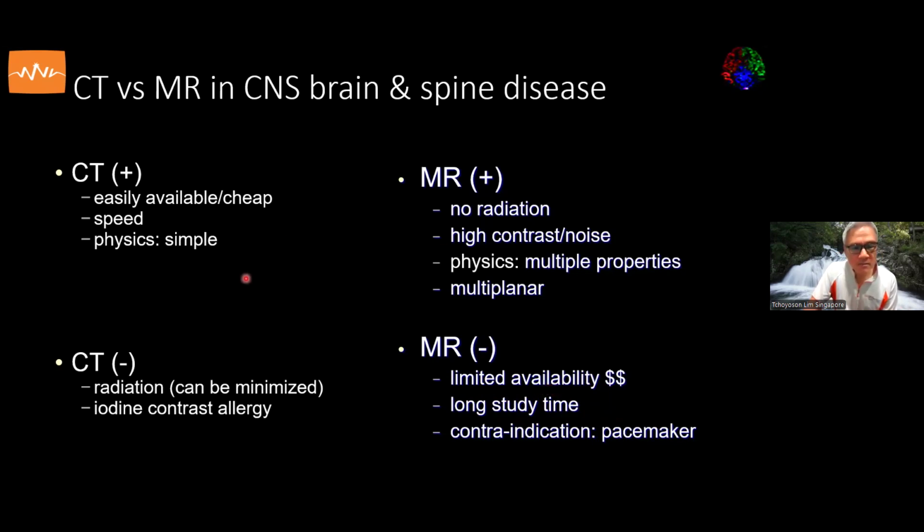So these are some of the trade-offs that we deal with in deciding whether to use MR or CT in brain and spine diseases. In our center, we should be prepared to use either of these modalities and to make the interpretations in case there is an allergy or a relative contraindication that precludes the use of one.